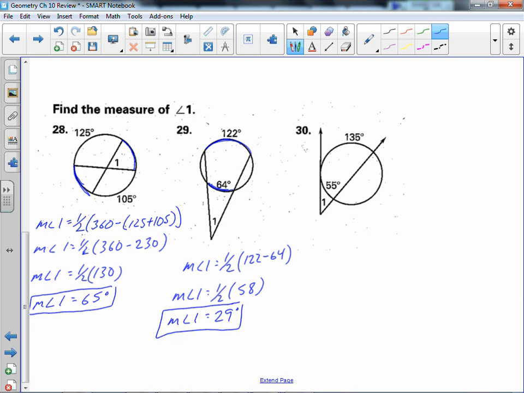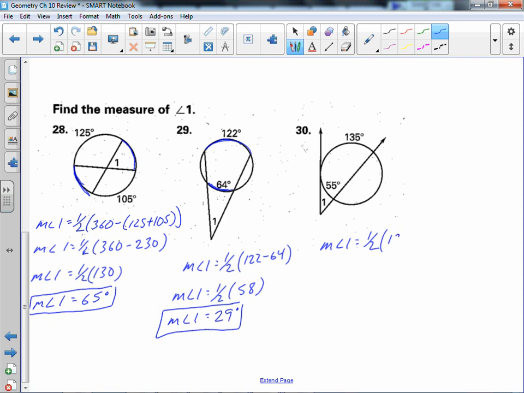And 30 looks a little bit different than 29, but it's still the same rule. The angle is equal to half the difference of the arcs intercepted. So we have a tangent and a secant in this case instead of two secants, but it's still, measure of angle 1 is going to equal 1/2 of the difference of the two arcs that are intercepted.